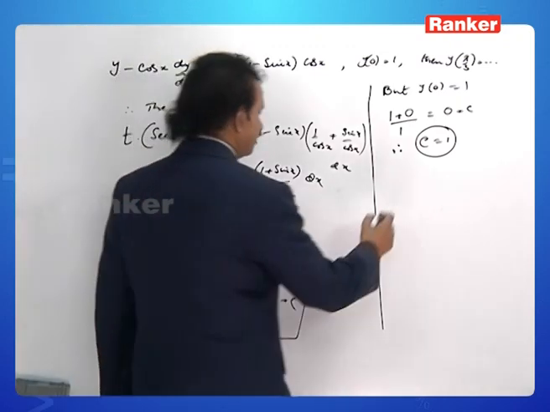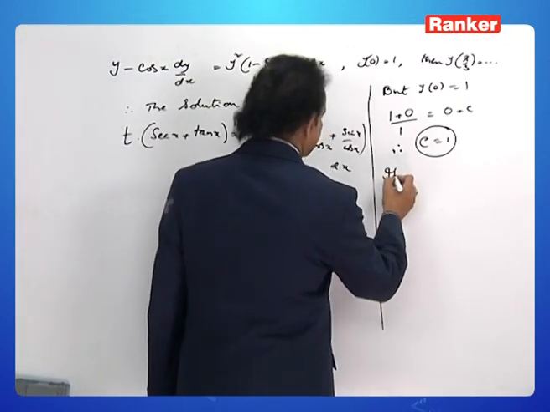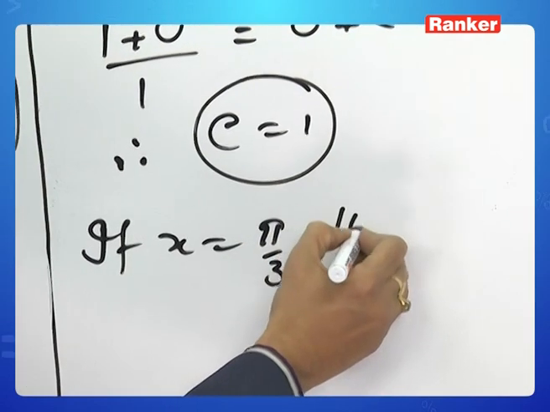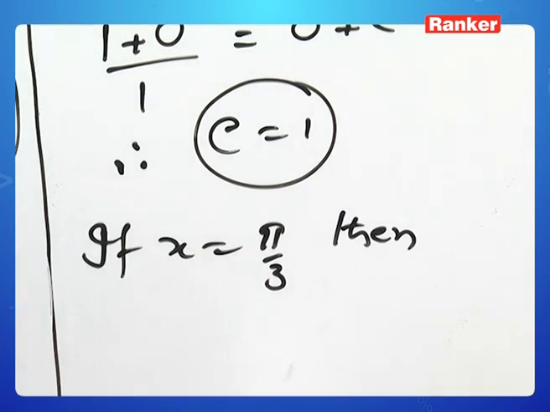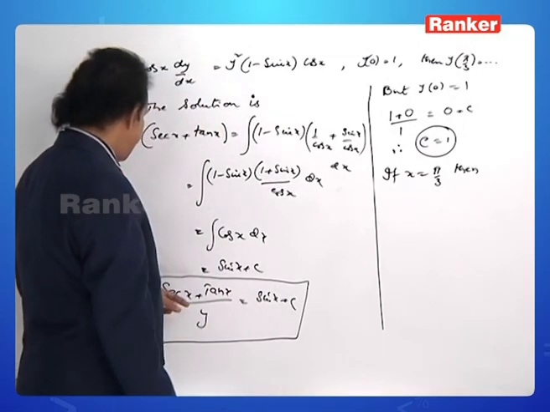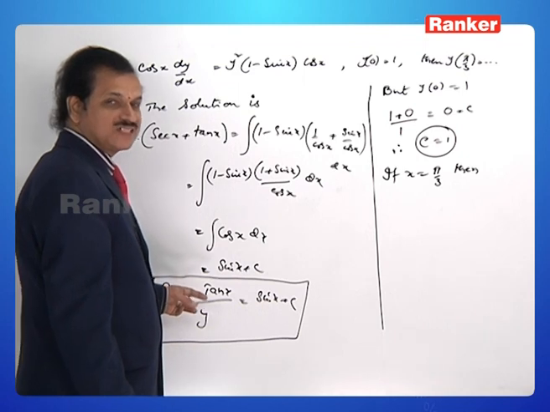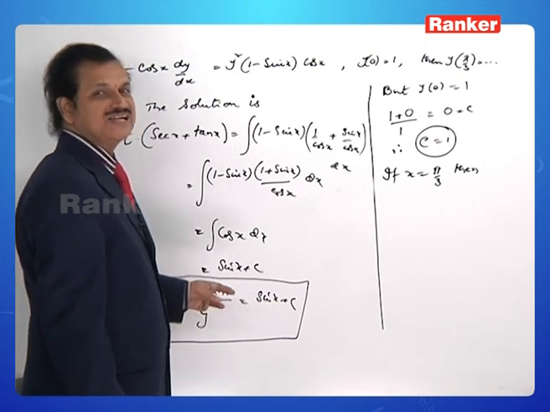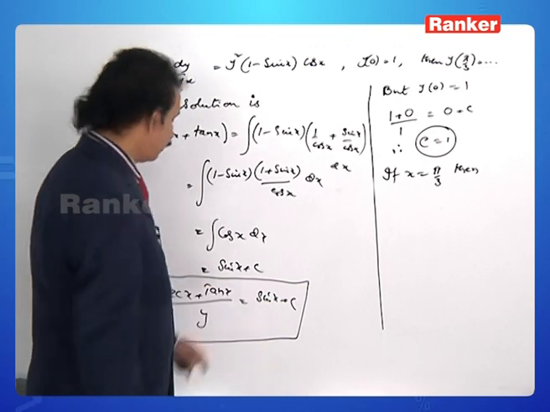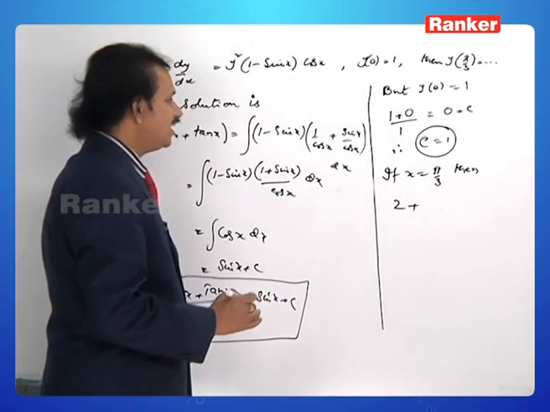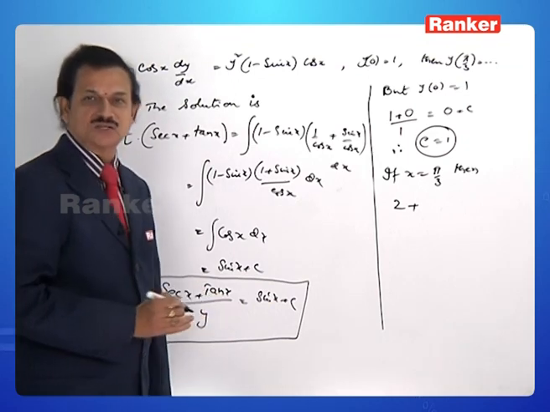What is y at pi by 3? If x is equal to pi by 3, then come on, friend. Secant pi by 3, secant 60, what is it? 2, because cos 60 is half, secant 60 is 2. 2 plus tan pi by 3, tan 60, what is that?